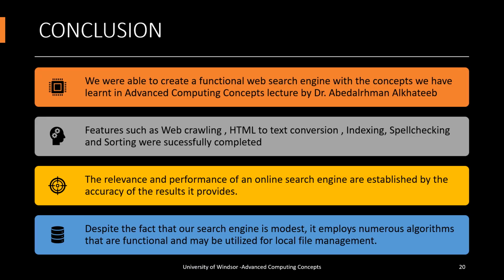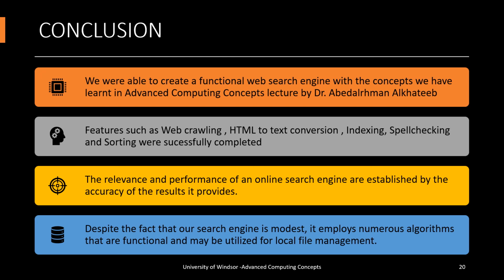To conclude, we were able to create a functional web search engine with all the different concepts which we had learned in the Advanced Computing Concepts class. We have successfully implemented features like web crawling, HTML to text conversion using the JSoup library, inverted index, spell checking with edit distance, and sorting algorithms.